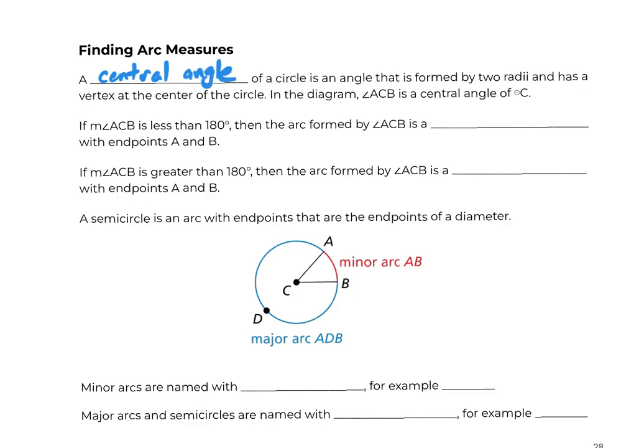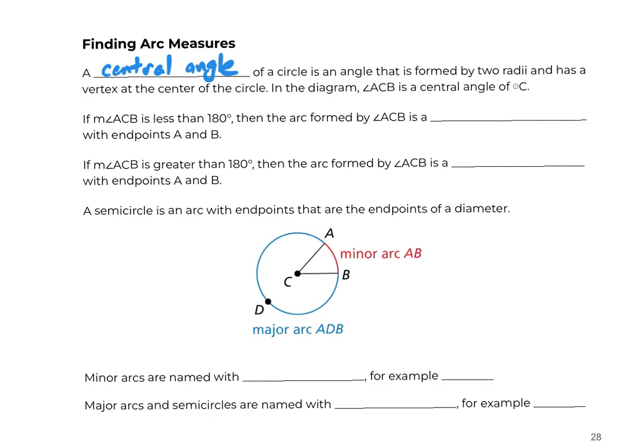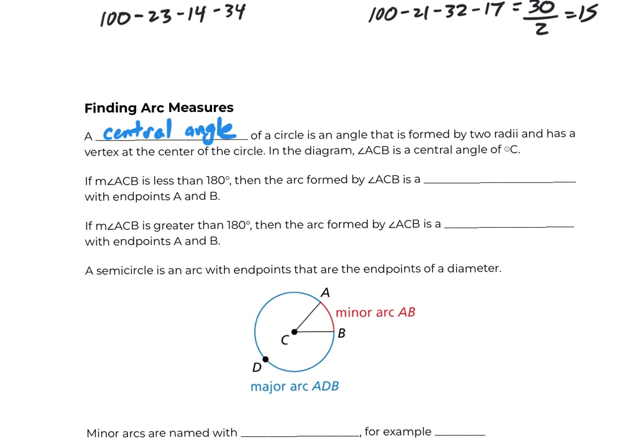of a circle. The central angle of a circle is an angle that is formed by two radii and has a vertex at the center of the circle. So if I was to draw a circle up here, and I tell you that C is the center of the circle, so therefore I would call it circle C, and that's what it's doing here.